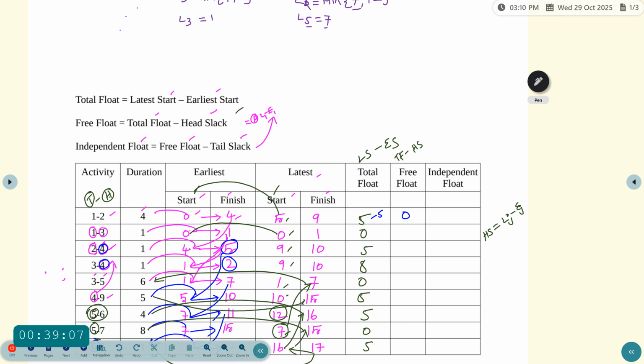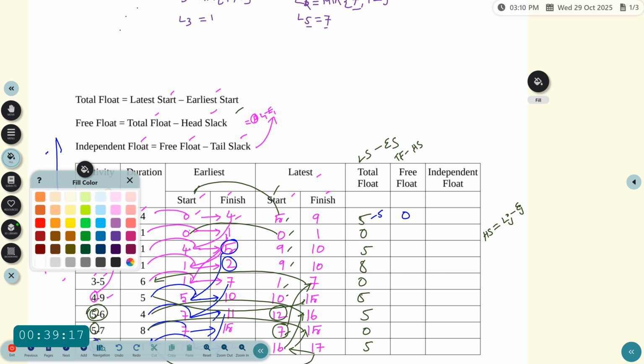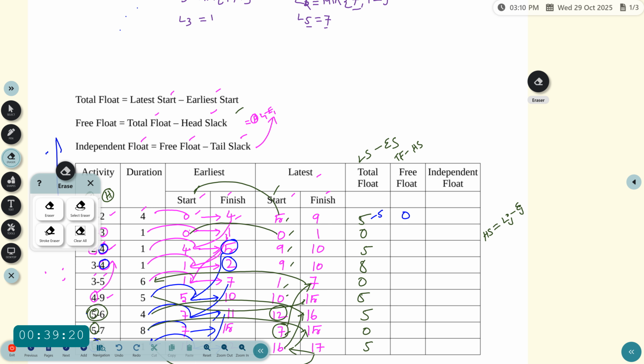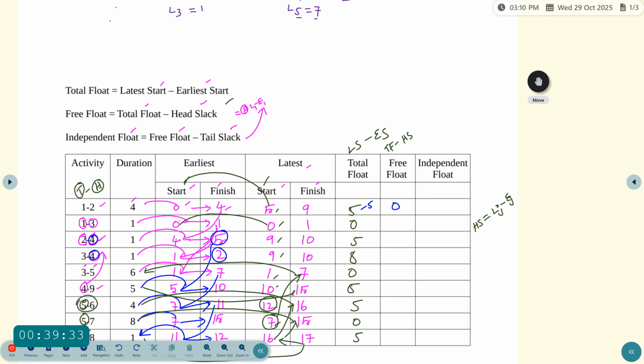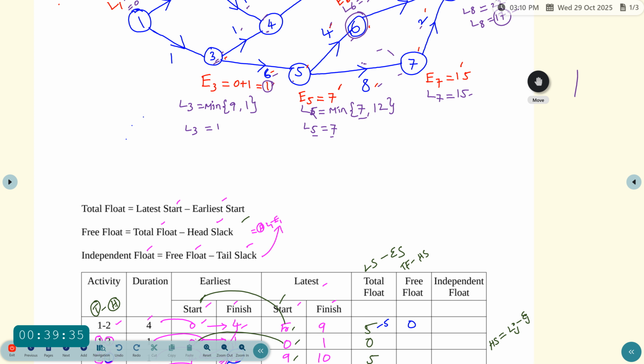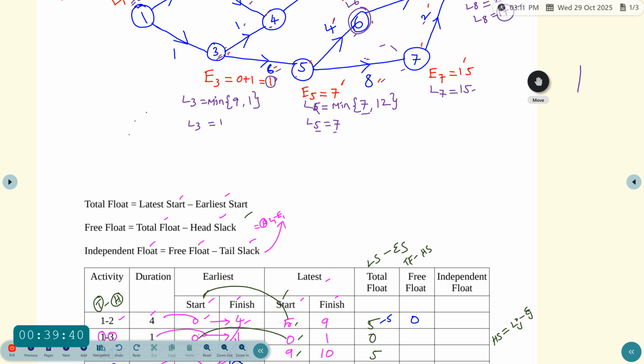In the third event, comparing L3 and E3, 1 minus 1 is equal to 0.